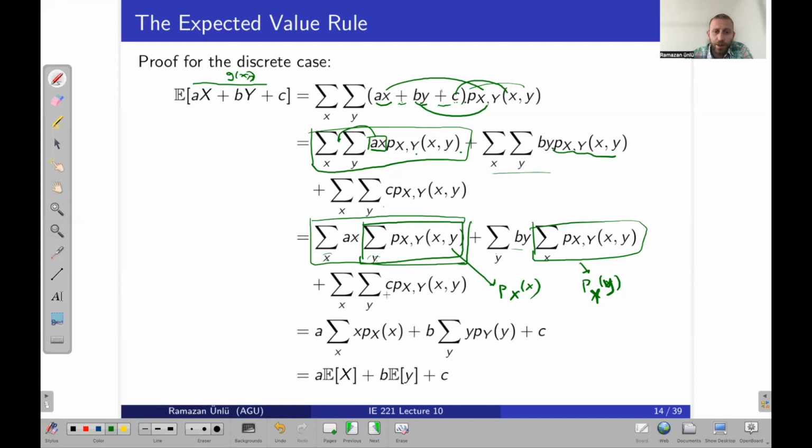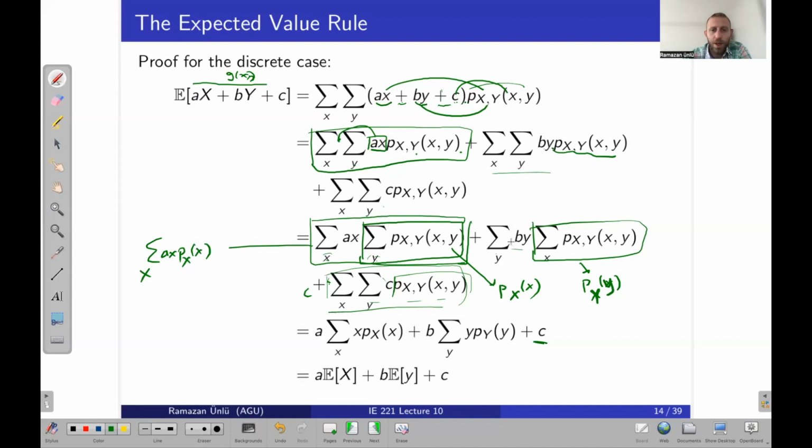And also here, the c can go outside the double summation, because that does not depend on x or y. The summation of p(x, y) over all possible x and y values is equal to 1, right? Because of the normalization axiom. So this guy is actually equal to c. So here, it will be the summation over x of ax p(x), right?